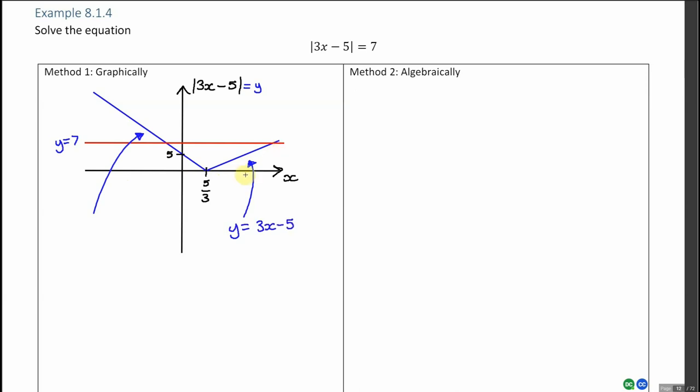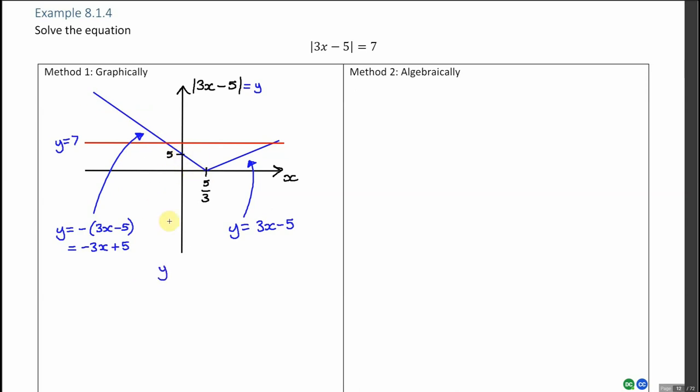Got a gradient of 3, and it'll go through the y-axis at -5 if it was allowed to continue. The other segment on the left, that is the graph of y equals minus, open brackets, 3x take 5, which if I expand the brackets, you might prefer it this way. This has a gradient of -3. You can see it's definitely sloping downhill, and it goes through the y-axis at 5.